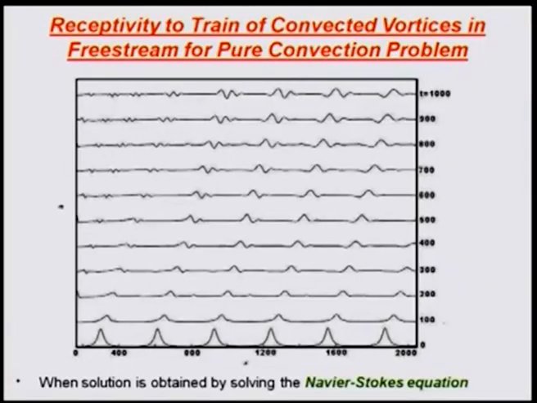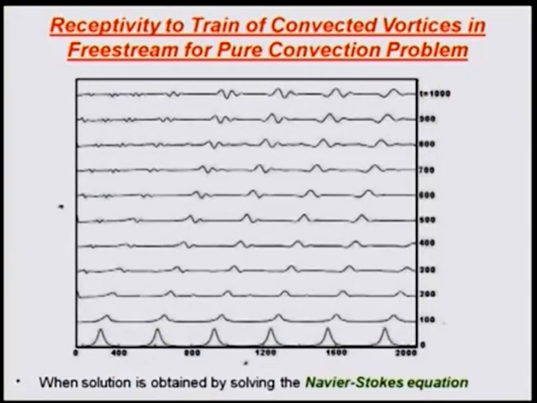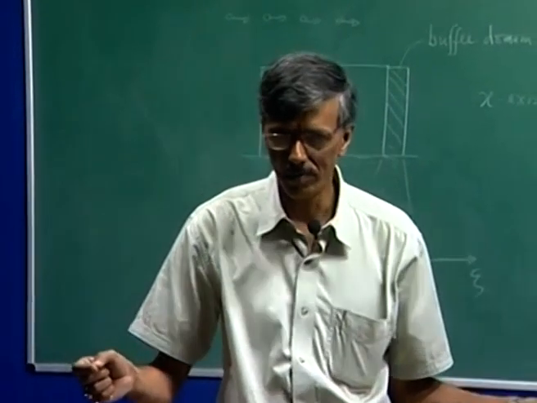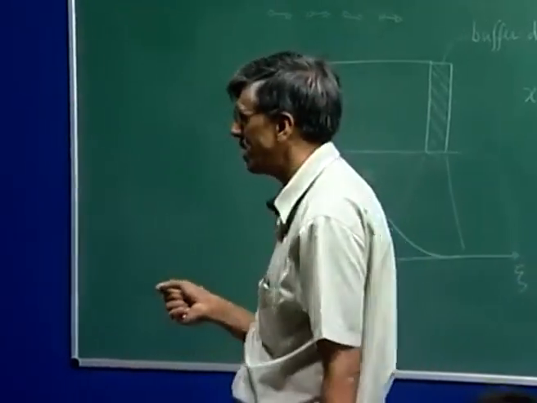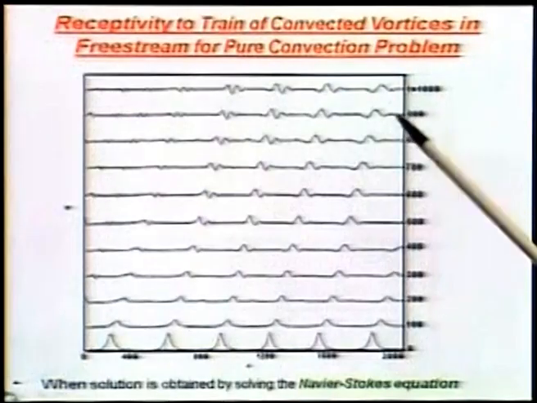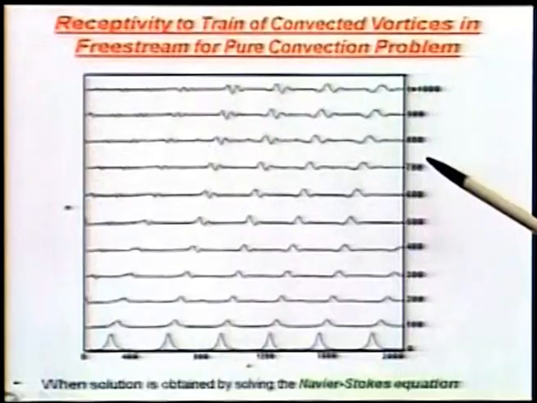One more thing you also notice: at t equal to 0, that corresponded to a particular wave number, because the disturbances were like that. But if you look at the corresponding response field, it is getting richer and richer as you go to larger and larger time.